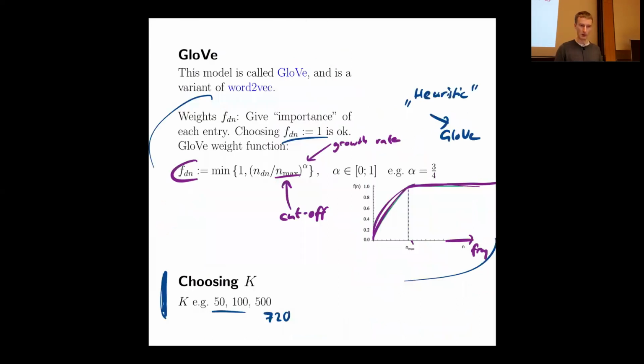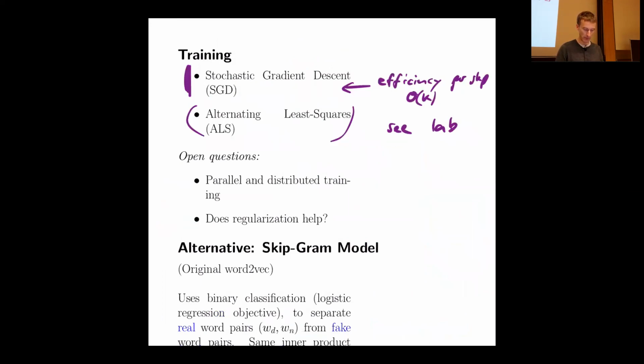And then also you could regularize a bit, but that's actually rarely used for word vectors. I haven't seen it. A downside is that we need to pre-compute the big X matrix in the beginning.